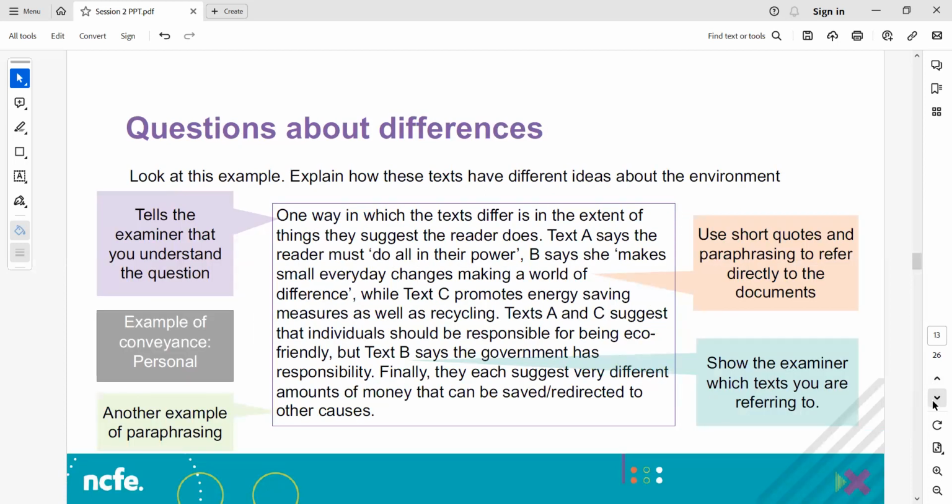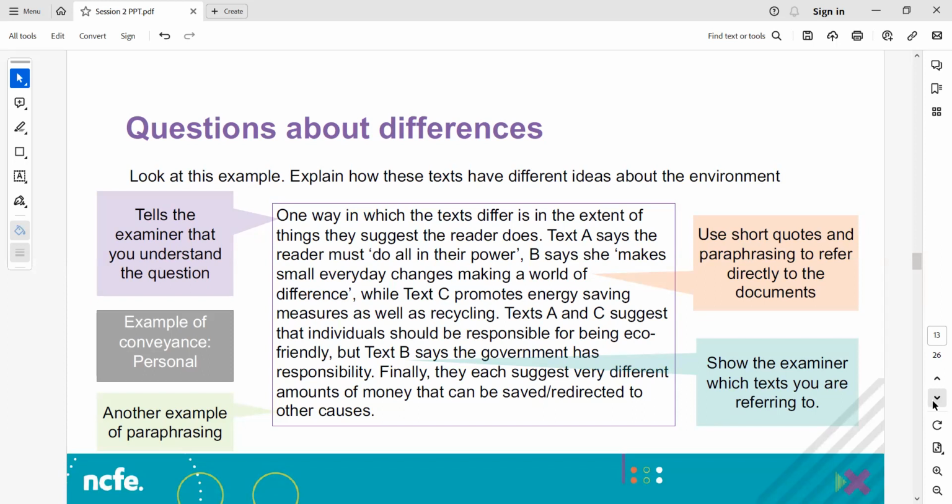So you might also get questions about differences. So here's an example question. Explain how these texts have different ideas about the environment. So straight away again, one way in which the texts differ.